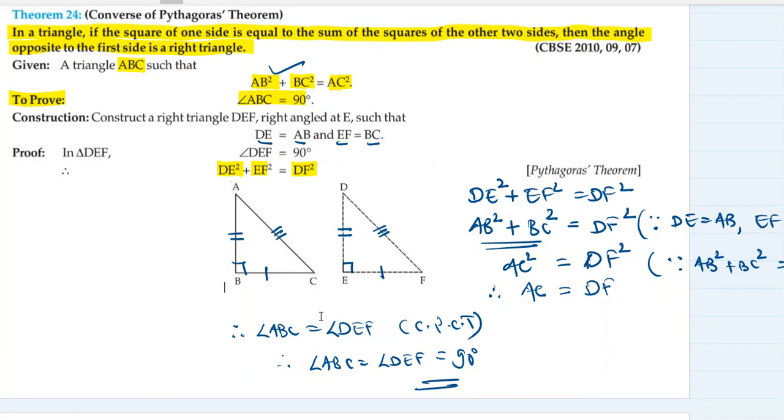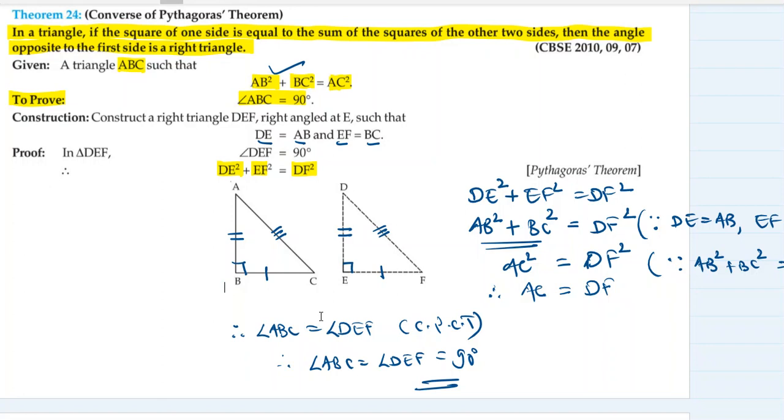So AB square plus BC square will give you AC square, which becomes equal to DF square, and square rooting both the sides will give you AC is equal to DF. Now since AC is equal to DF, all the three sides are equal. So both the triangles are congruent by SSS test, and therefore by CPCT their corresponding angles will be equal, and angle ABC becomes equal to angle DEF, which is 90 degrees. So angle ABC is also 90 degrees.